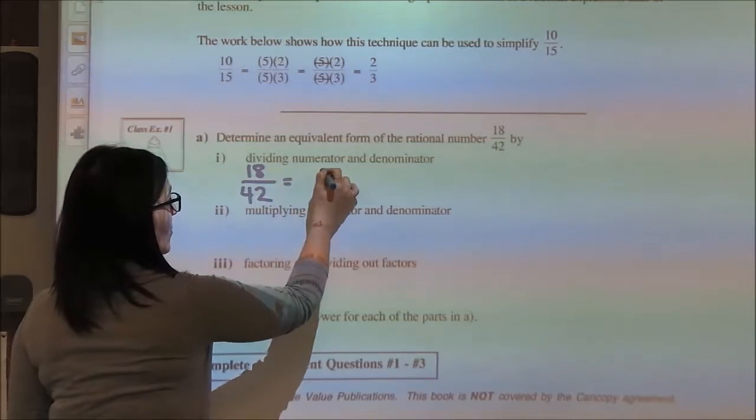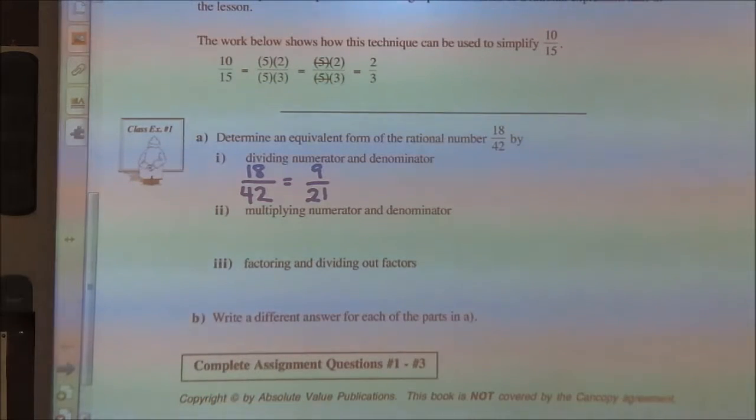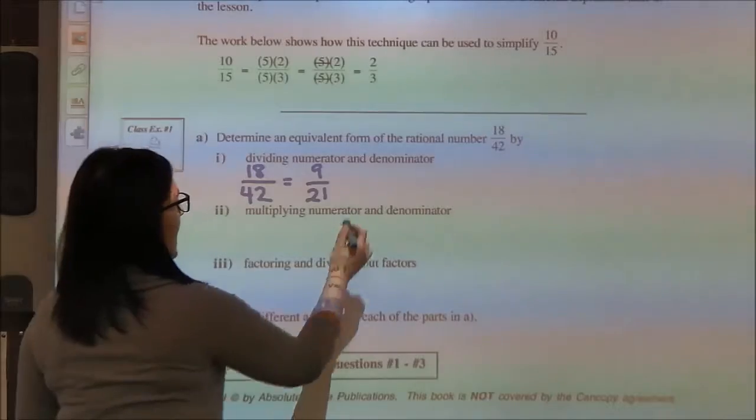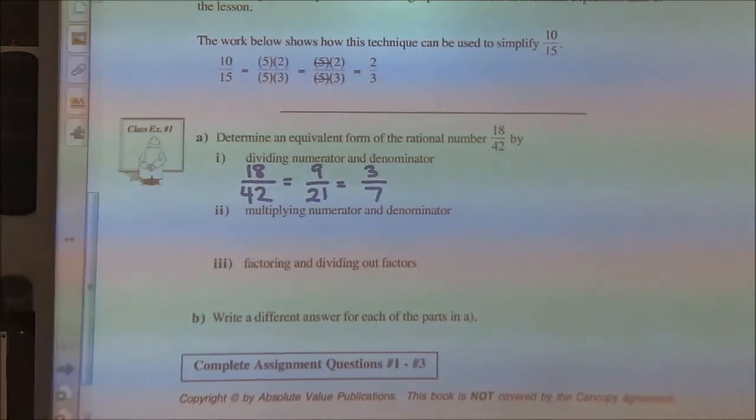So if I divide them both by 2, I get 9/21. Those are not even numbers, so I know I can no longer divide by 2, but could I divide by 3? I can, and I get 3/7. So I could simplify twice, okay?